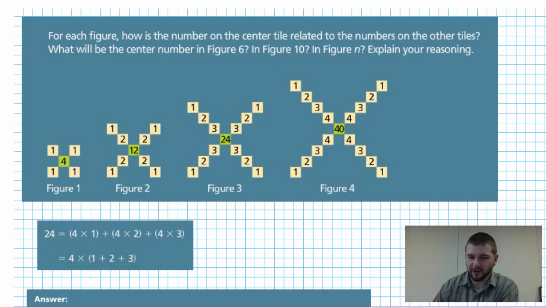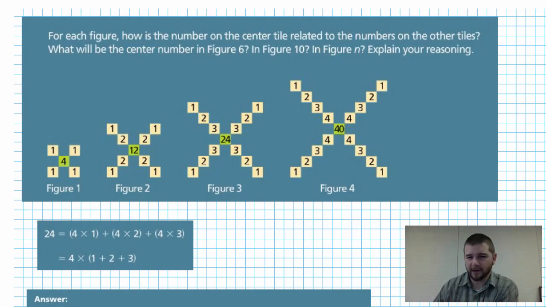Notice this is figure 3, and notice that increasing sum, 1 plus 2 plus 3, ends at 3. This should give us a good enough pattern from which to derive the values of figure 6, of figure 10, and then of figure n, where n is any value.